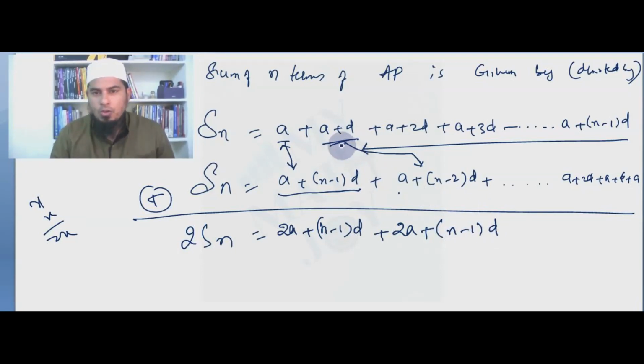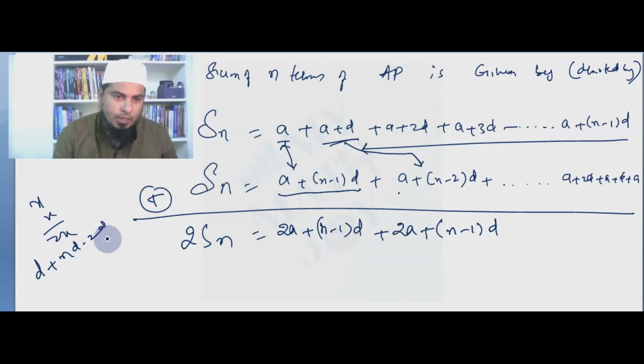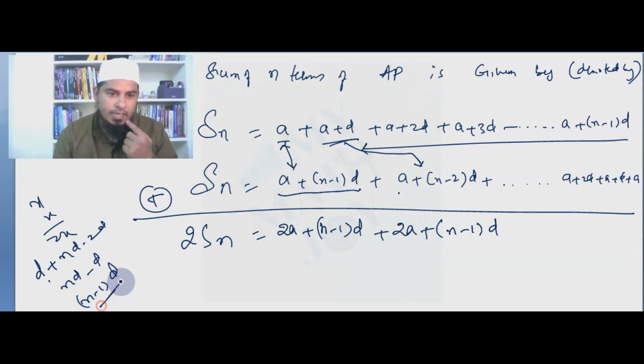If you want to see that simplification, you have 1d plus, if you expand this, nd minus 2d, and you'll get nd, and d minus 2d is minus d, so n minus 1 times d, exactly this way, n minus 1d, and so on.